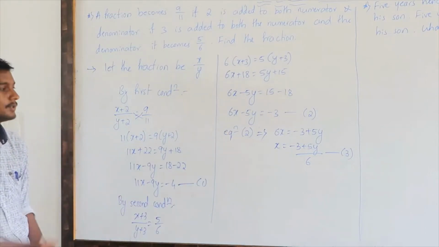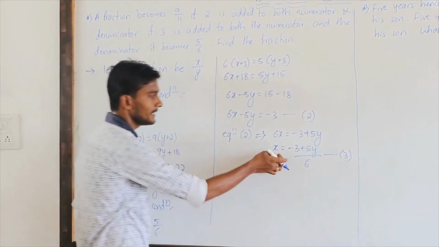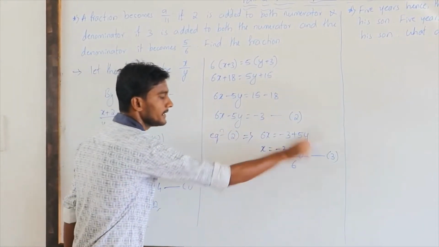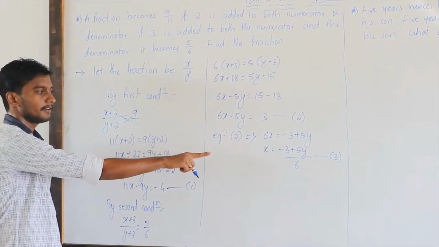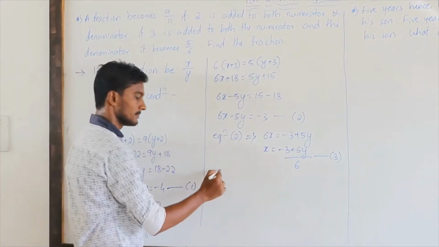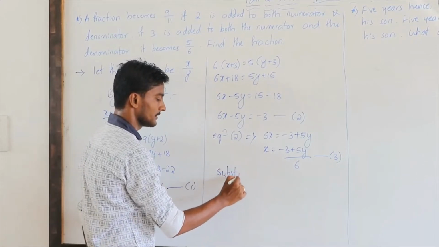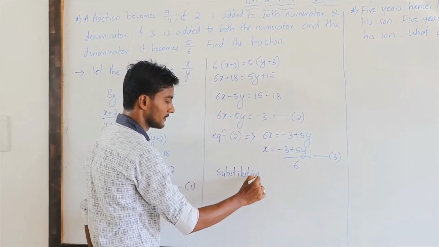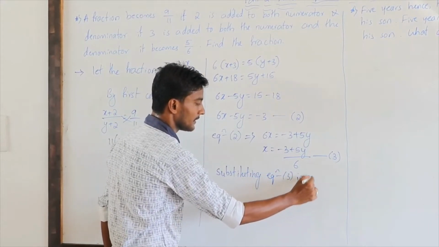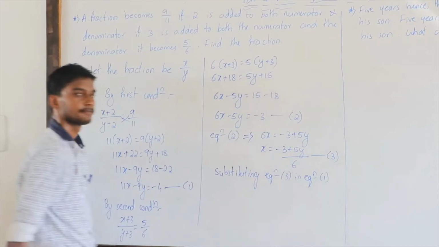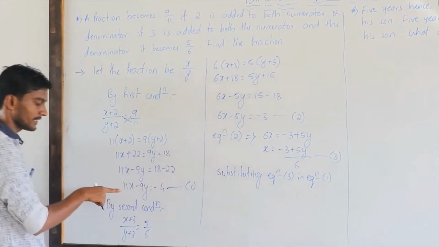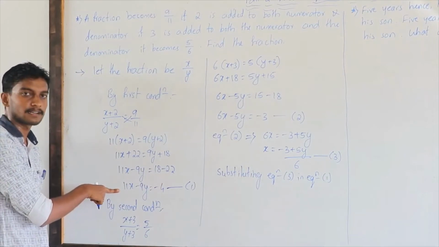And next, what do we have to do? Substitute that equation 3 in equation number 1, because by taking equation 2 we have written equation 3. Substituting equation 3 in equation 1: we have x in equation 3, and this x value we have to substitute wherever x is there in equation number 1.